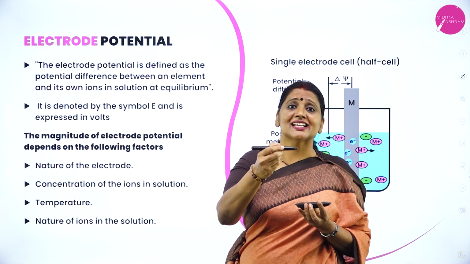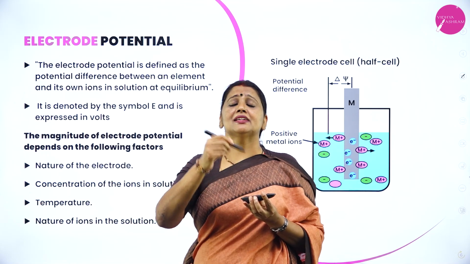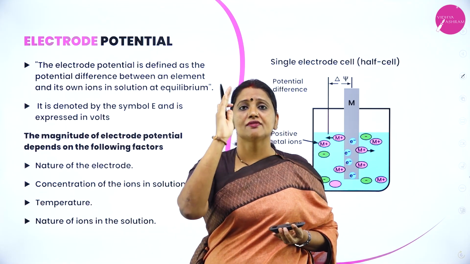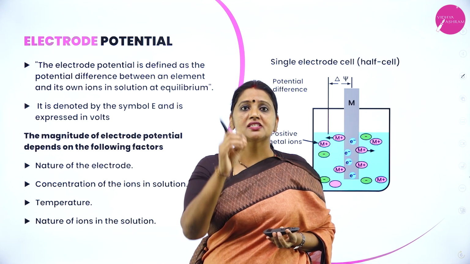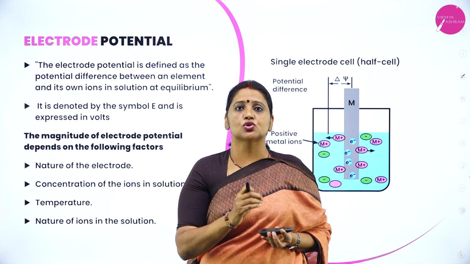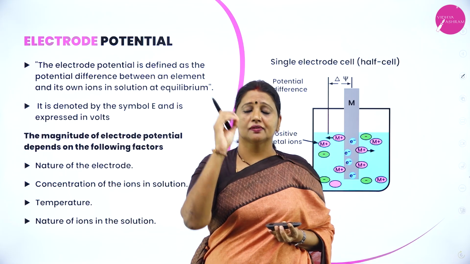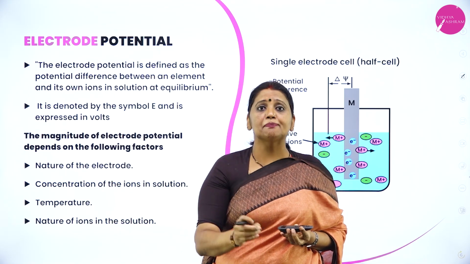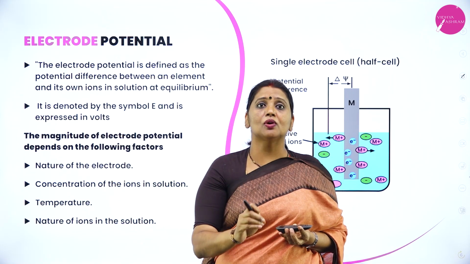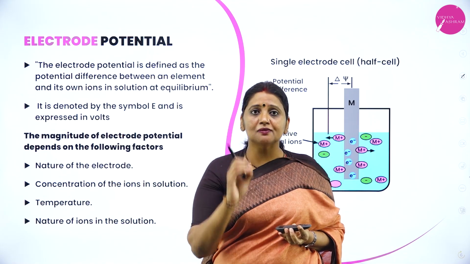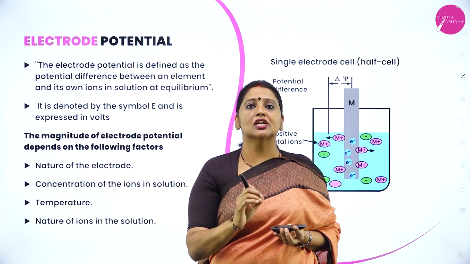How can you construct an electrode? Dipping an element in its own salt solution. For example, if you want to construct zinc electrode, you dip zinc in zinc sulfate solution. If you need copper electrode, dip copper rod in copper sulfate solution. If you want silver electrode, dip silver in silver nitrate solution.